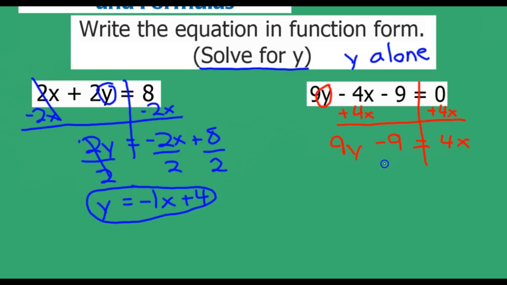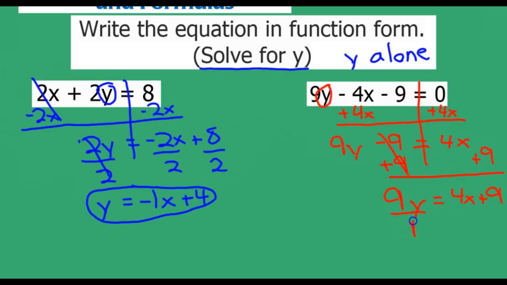Now I have a negative 9, so I'm going to add that to get that over to the other side as well. So I get 9y equals 4x. Now I can't combine them because the 9 doesn't have the x on it. 4x plus 9.